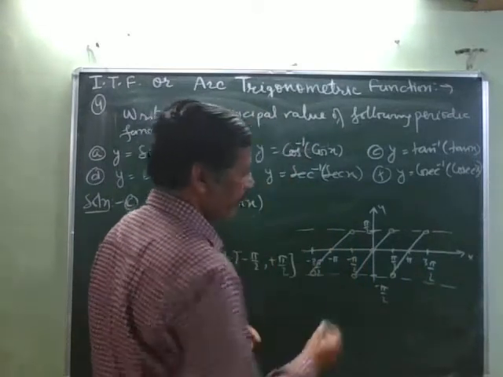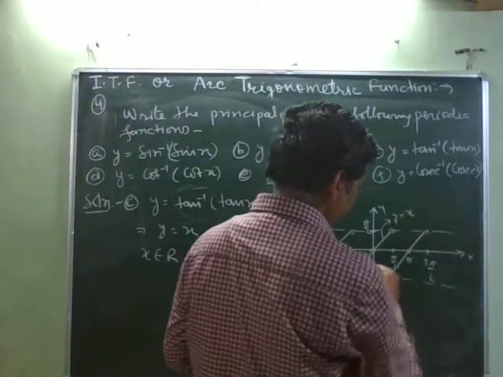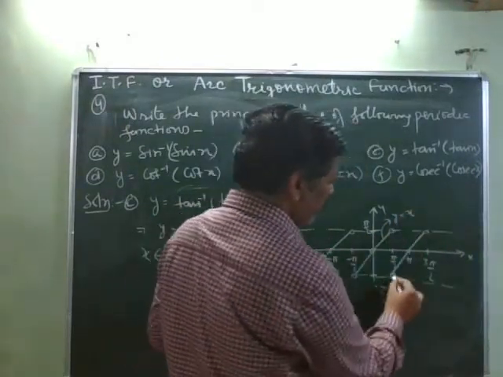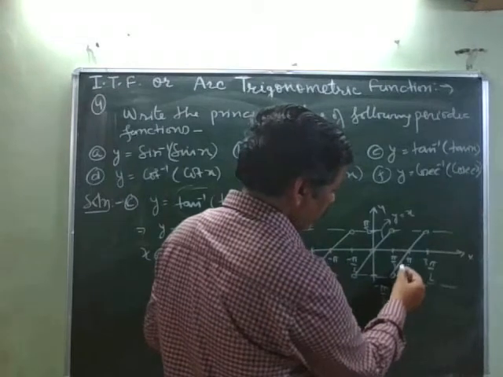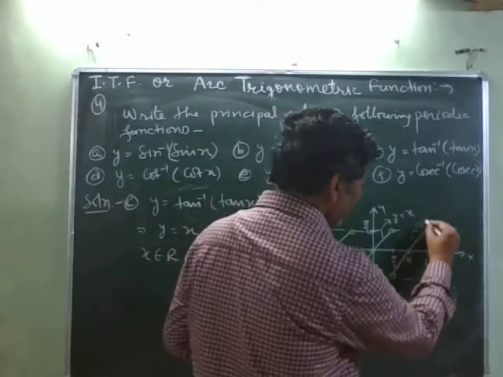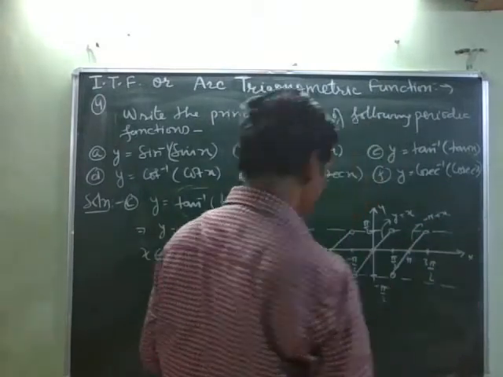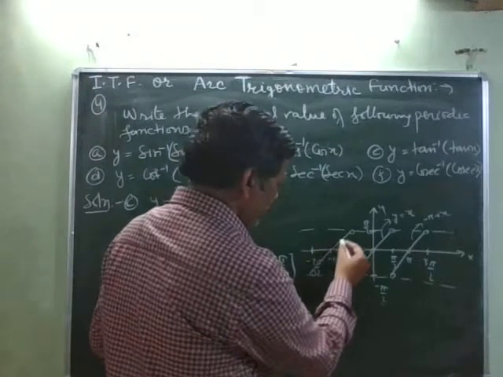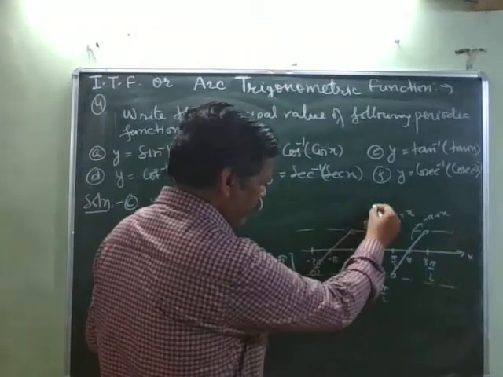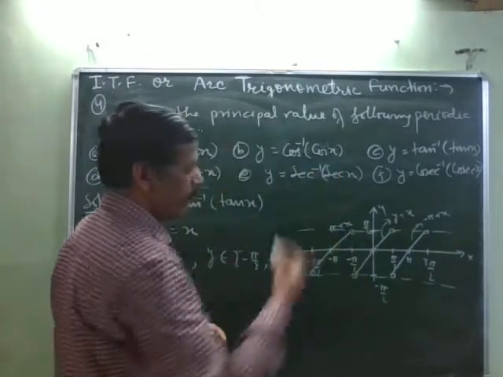and so on. At this part, y is equal to directly x from here to here. What about here to here? It will cut the graph at minus pi, then it comes out to be minus pi plus x. It cuts the graph at pi, then it comes out to be pi plus x, and so on.